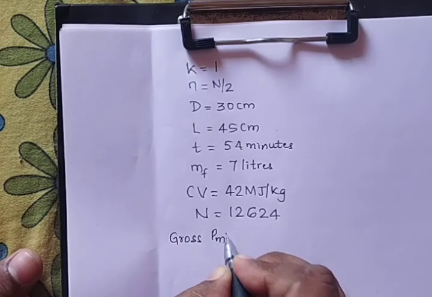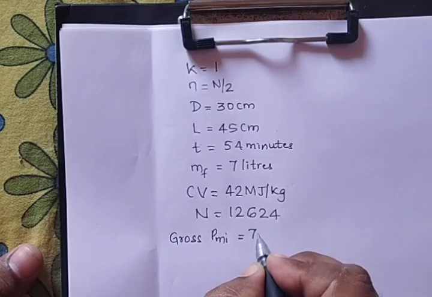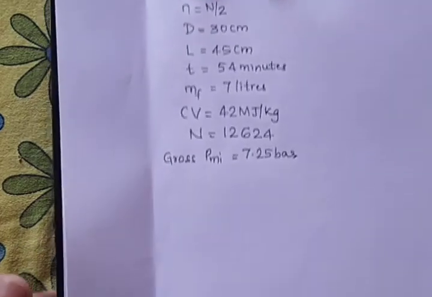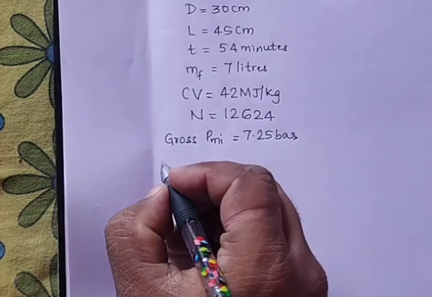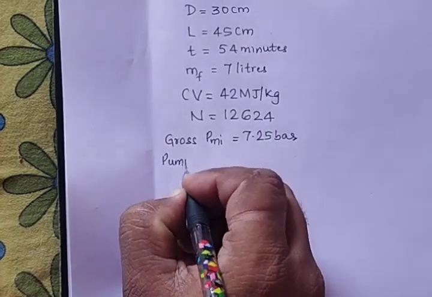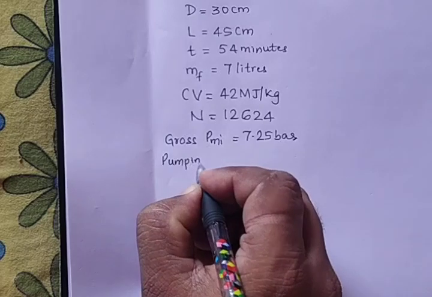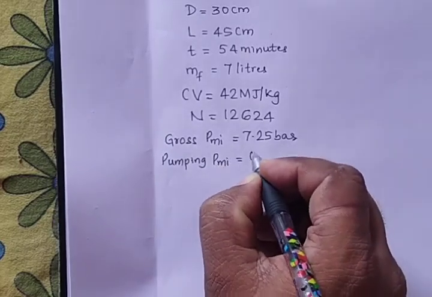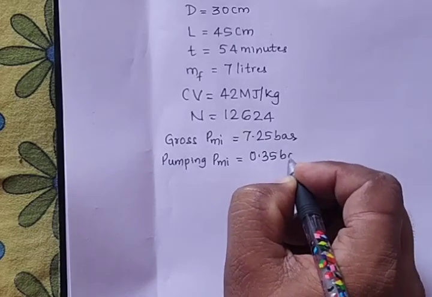Gross IMEP is given, that is 7.25 bar. Then pumping IMEP is given. So the mean effective pressure that is lost due to pumping, that is PMEP, is 0.35 bar.